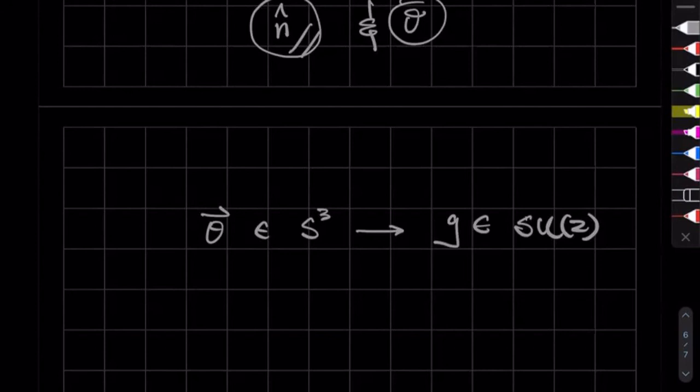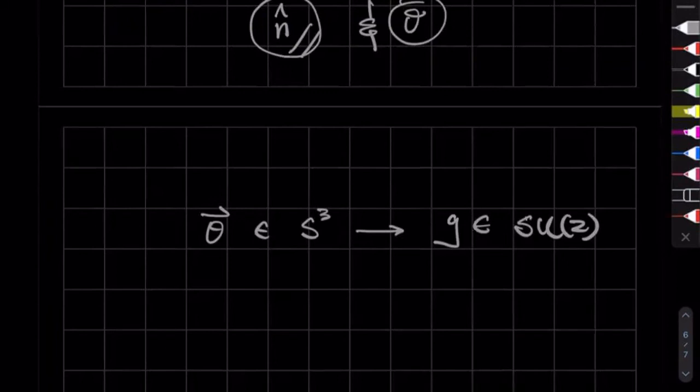Why are we trying to show this relation? We're showing it because you asked the question, what is the relationship between a Lie group and Lie algebra, right? That was your question.